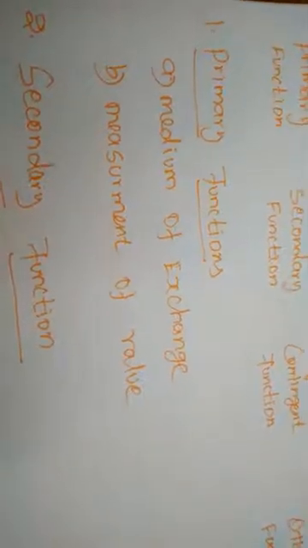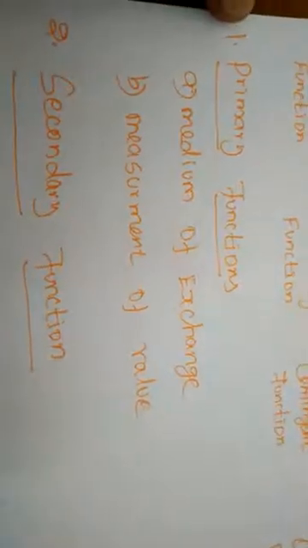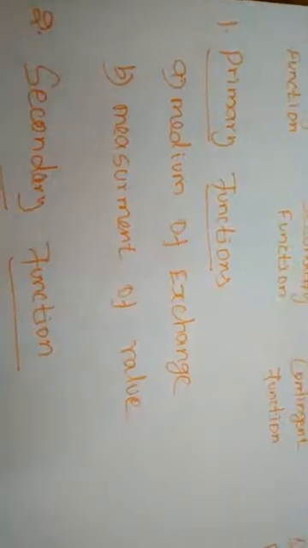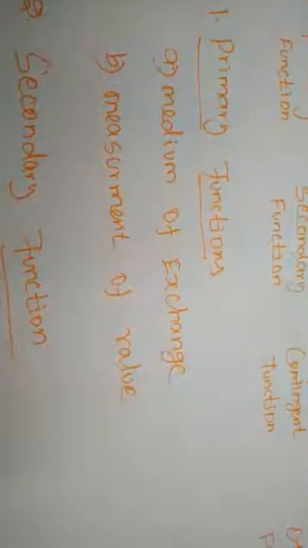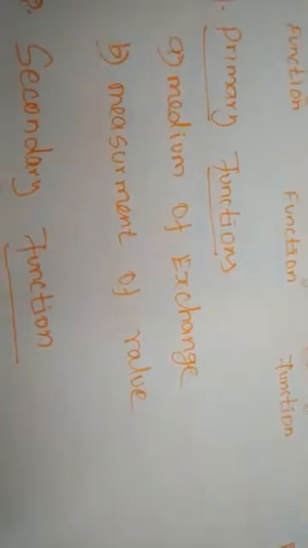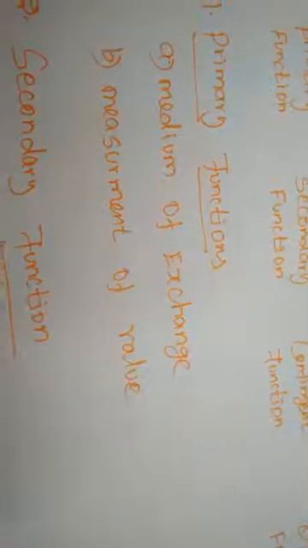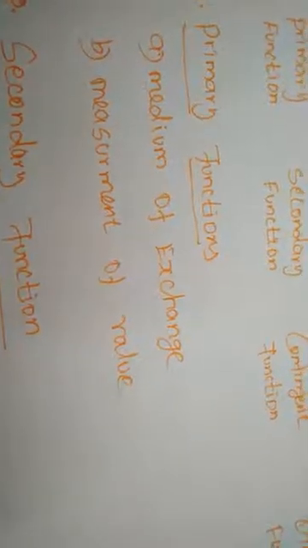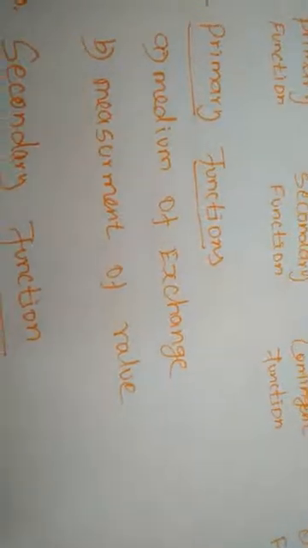Sometimes I may have a highly demanded commodity and you have a low demanded commodity, and when we exchange goods for goods, one person will get a loss and the other will get a profit. Because if I have rice and you have wheat, the value of wheat is more than rice, which means you will get a profit and I will get a loss.